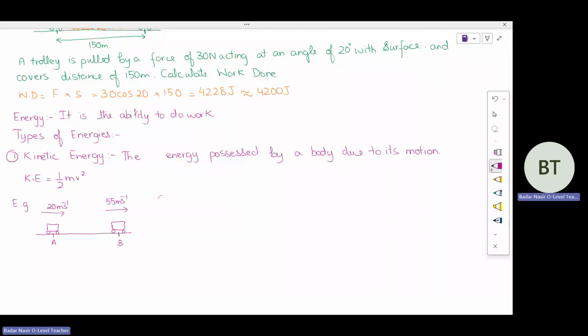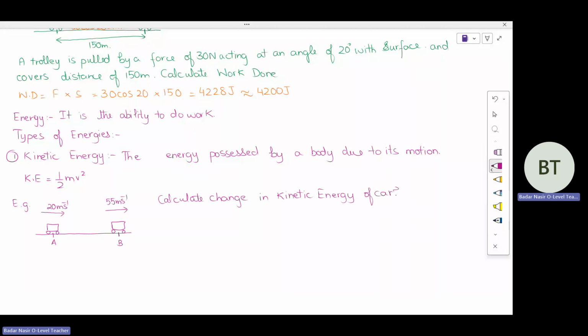So if I ask you to calculate the change in kinetic energy of the car, can you calculate it yourself?